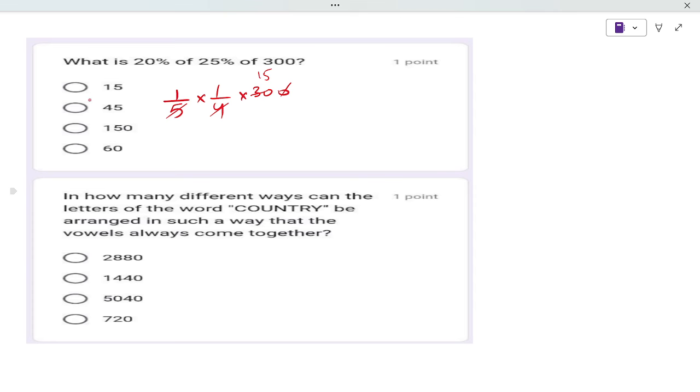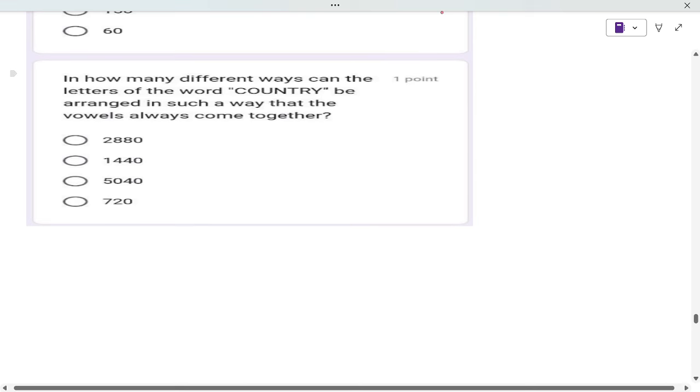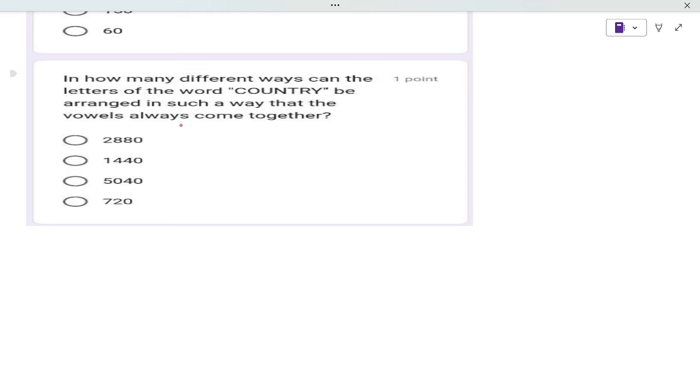This is how you must do it during the exam. Next one is from permutation. The word COUNTRY, where vowels always come together.